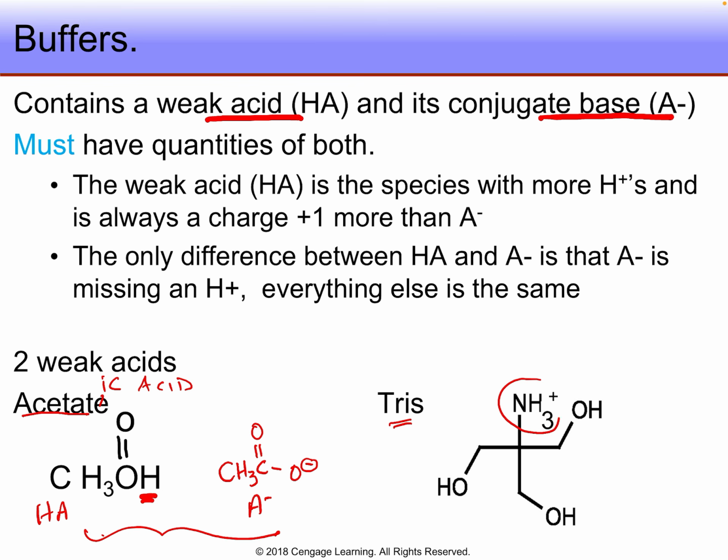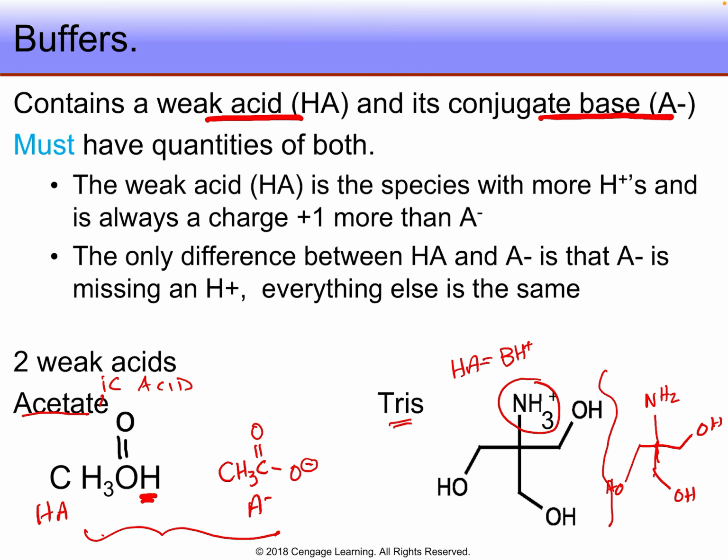And notice this ammonium group. So this is actually HA. Some people would call this BH plus because it's positively charged and it's a weak base. The other form of this is going to look exactly the same, except it's going to have one less hydrogen on the nitrogen.